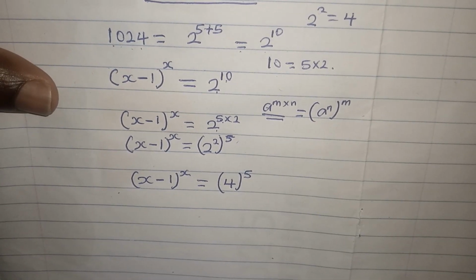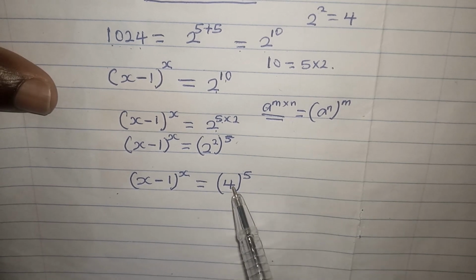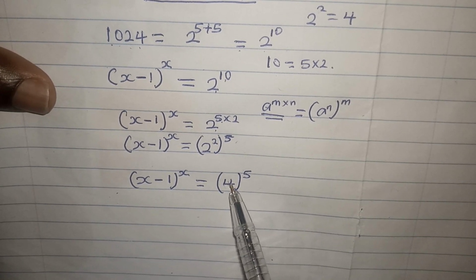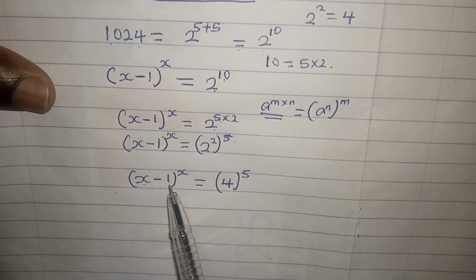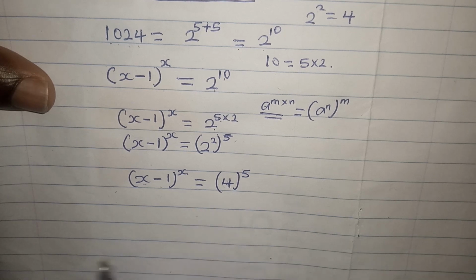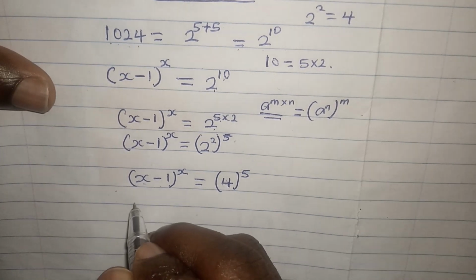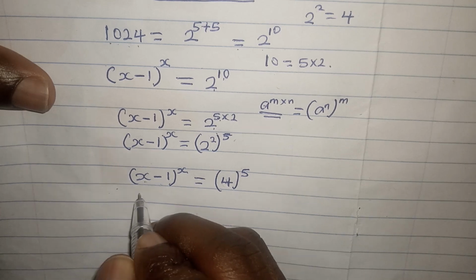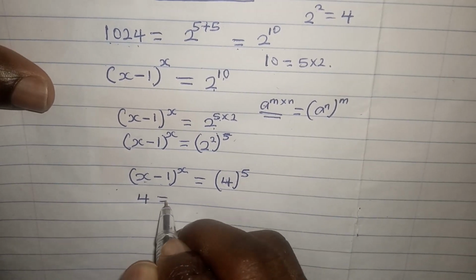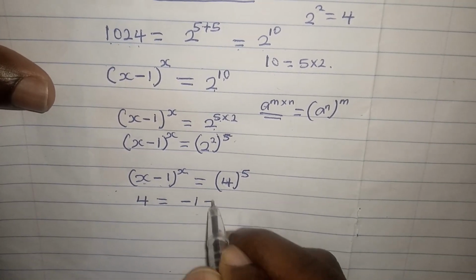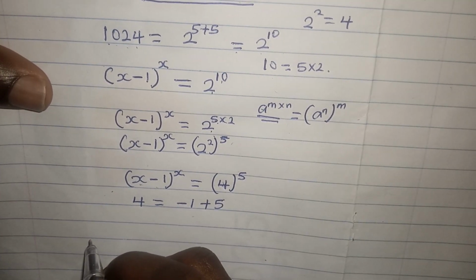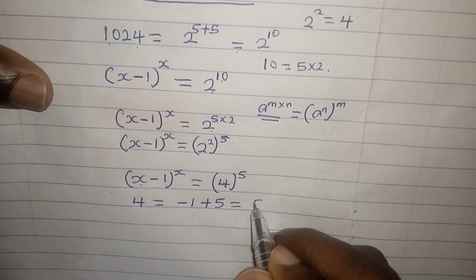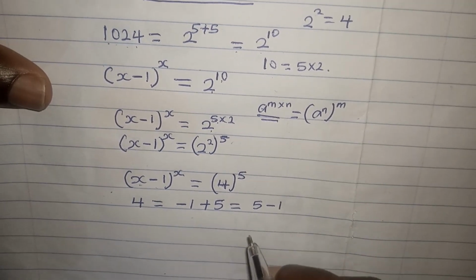We are getting close to the answer. We are going to apply a little logic at this part so that we can easily compare the value of x. We can write 4 as minus 1 plus 5, which is also equal to 5 minus 1.